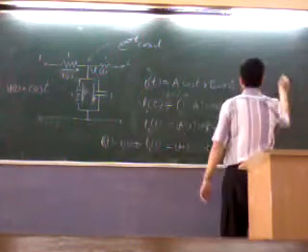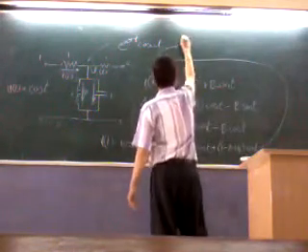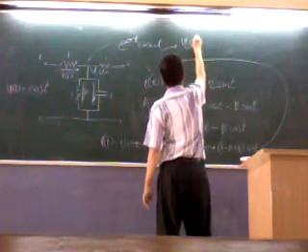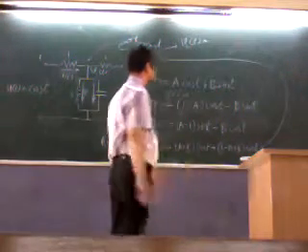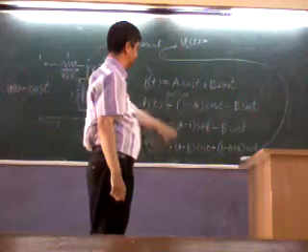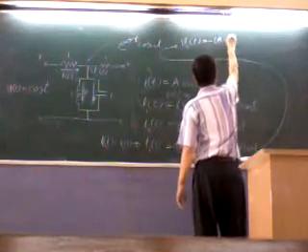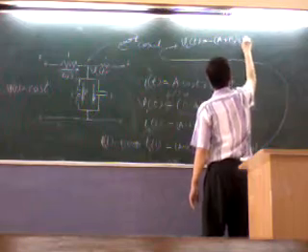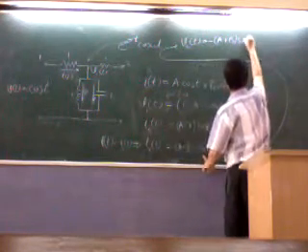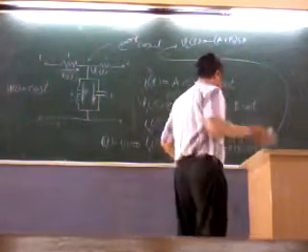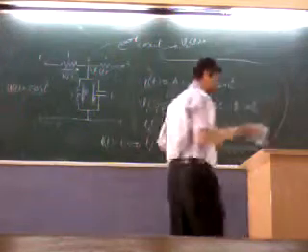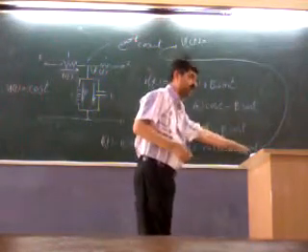From this now you find out VLT. What is it? Minus A plus B sin t. So I will write reverse. This is 2 cos t.